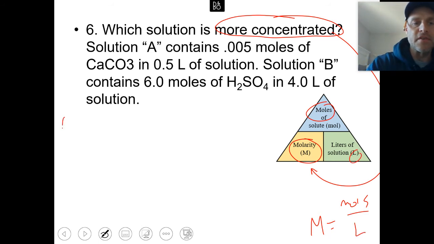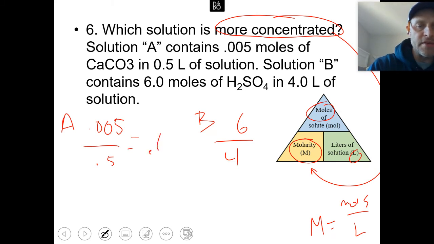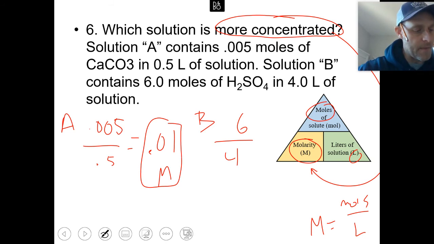So for solution A, I have 0.005 moles over 0.5 liters. For solution B, I have 6 moles on top over 4 liters. And now I just got to plug them in. 0.005 divided by 0.5 equals 0.01 molar. That's for A. For B, 6 divided by 4, I get 1.5 molar.